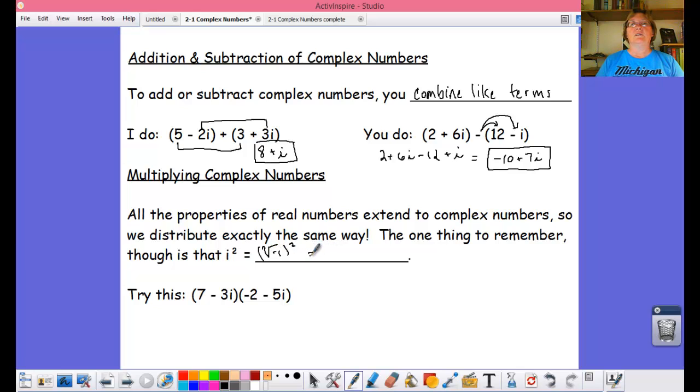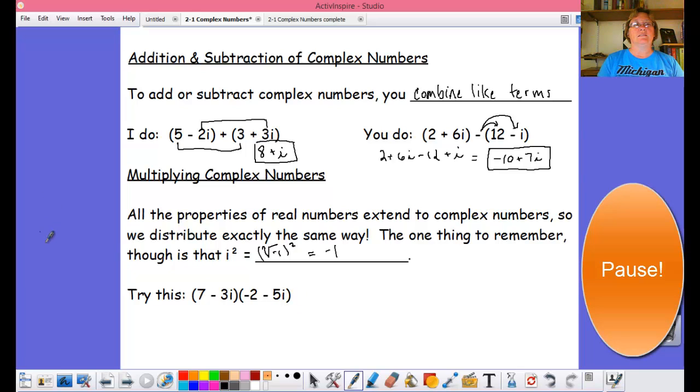So i squared has a value of -1. That's going to make a difference for us. We're going to multiply these complex numbers, 7 minus 3i quantity times -2 minus 5i quantity. Quantity times quantity, I hope you're going to remember that's either the box method or FOIL, whichever one you use. Why don't you pause the video and let's use the box method to multiply these.